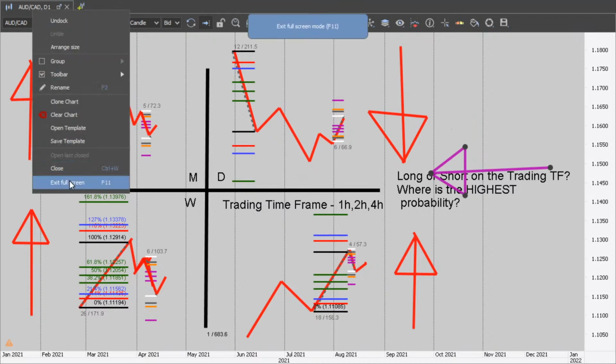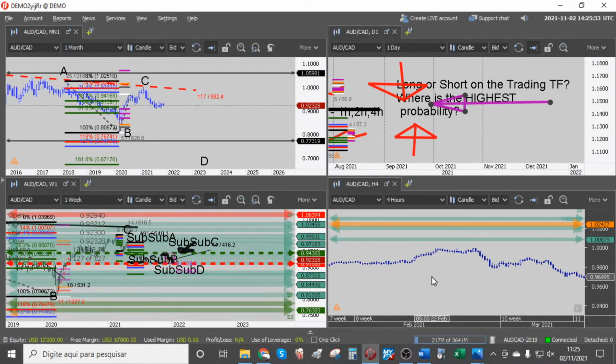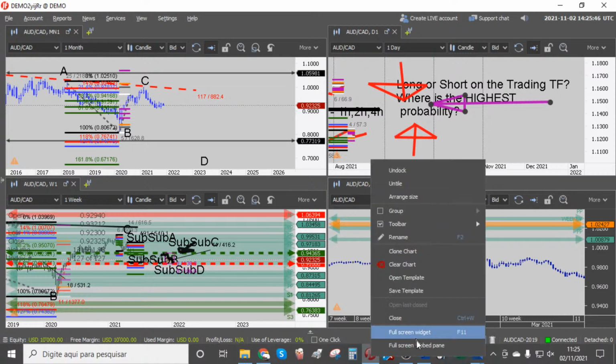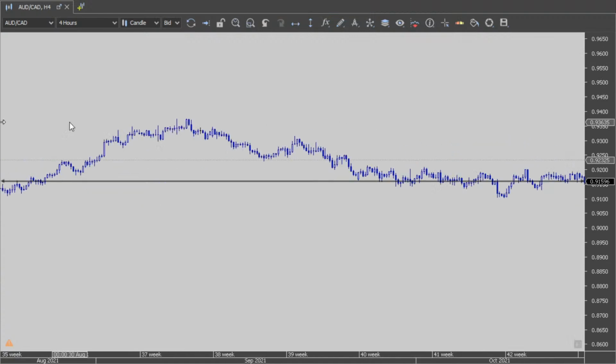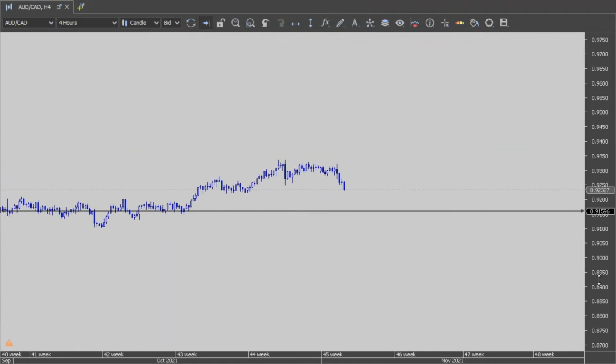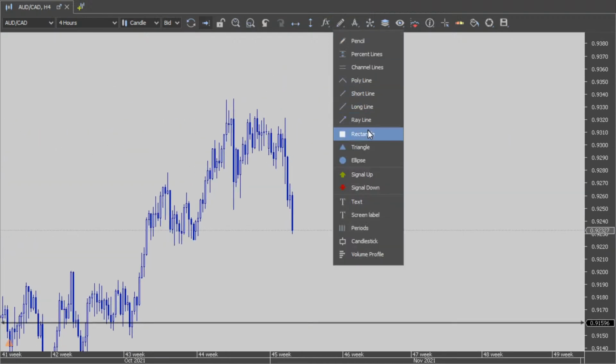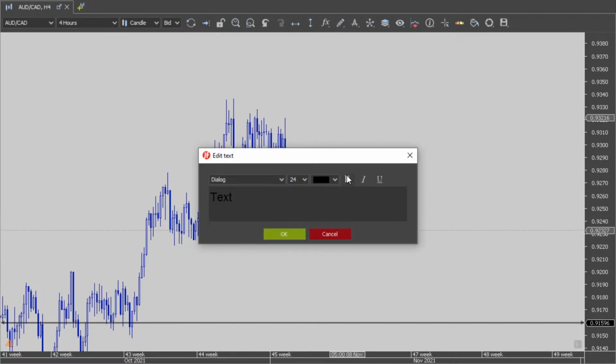Now when you are looking at AUD-CAD, everybody, should you go long or short on all time frames? See, not that difficult, right?